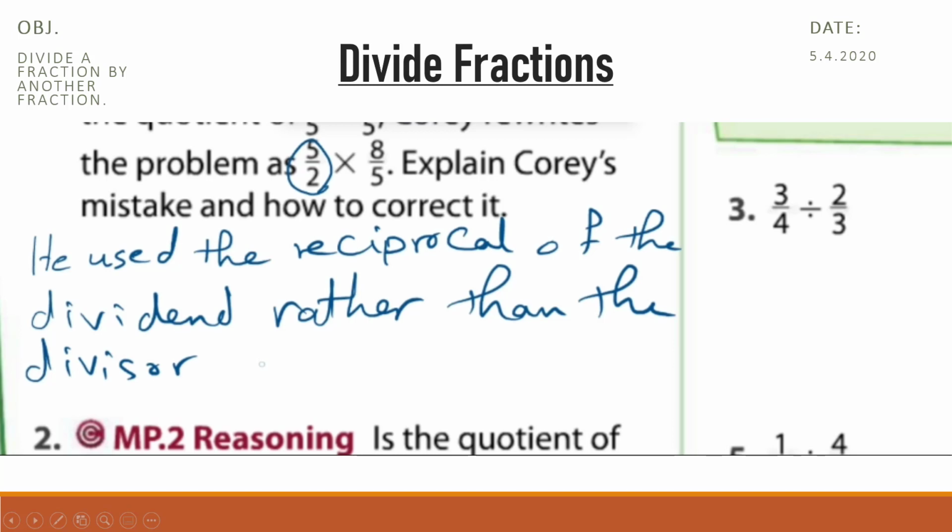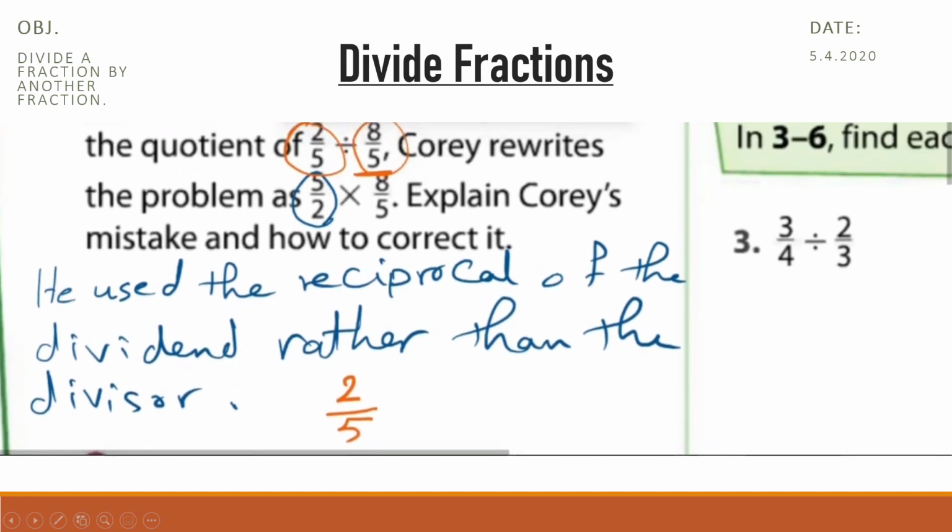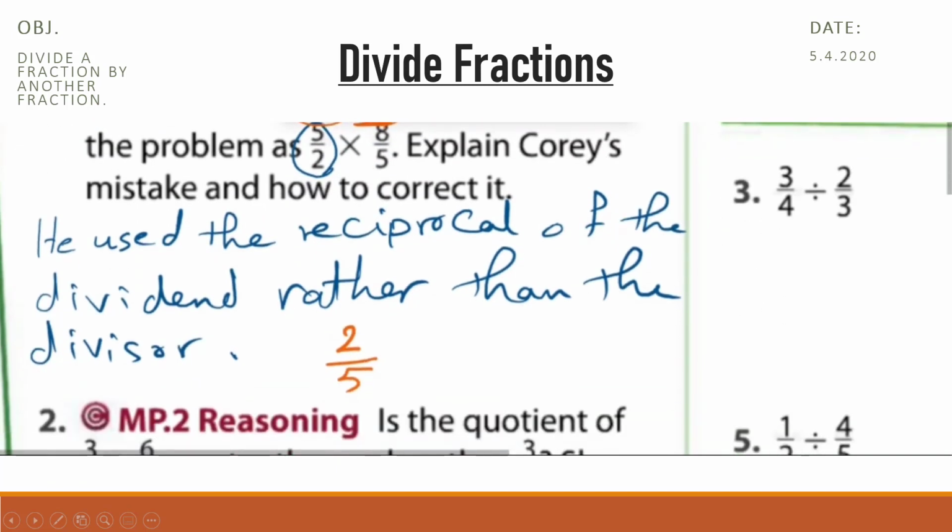And to correct it, the answer will be 2/5 divided by, get the reciprocal of the divisor, which is 5/8. So it will be multiplied by 5/8, which is the reciprocal of the divisor.